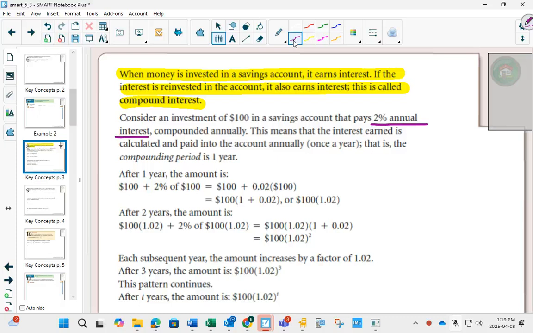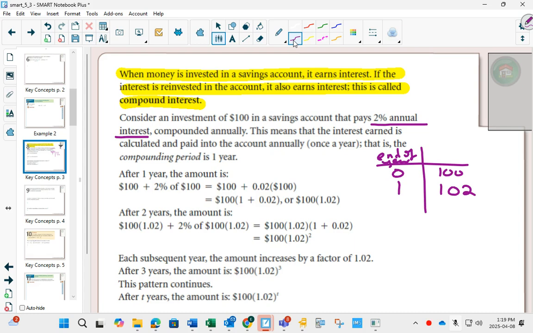You have $100, and at the end of the year, 2% of $100. End of year is 0, you start off with $100. End of the first year, you would get $2 more, because that's 2% of 100.